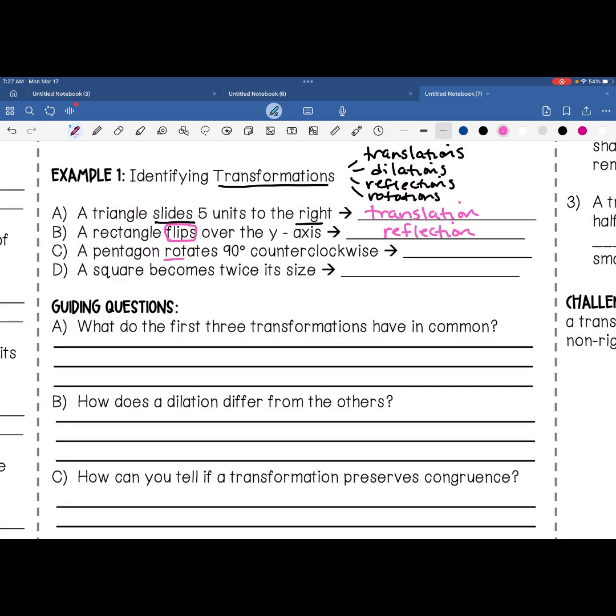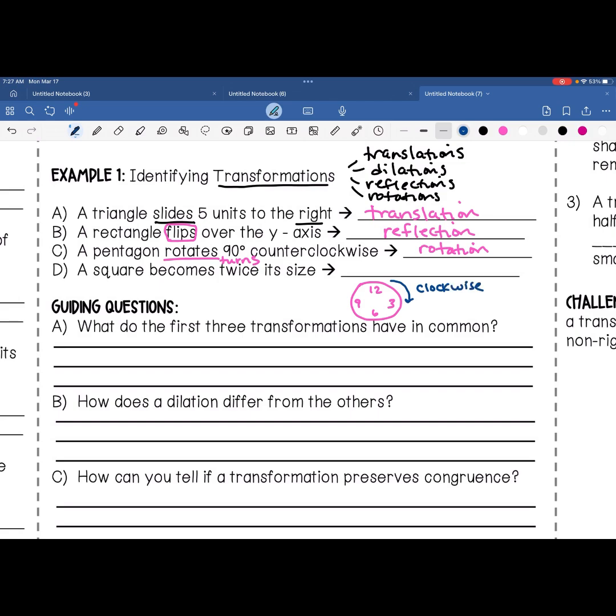A pentagon rotates. That was an easy one, right? The word rotates is in there. Turns would be another word for rotation, but this is an example of a rotation. And let's just talk about counterclockwise for a second, right? What does that mean? If we have a clock, clockwise would be like how you read a clock, right? This way is called clockwise.